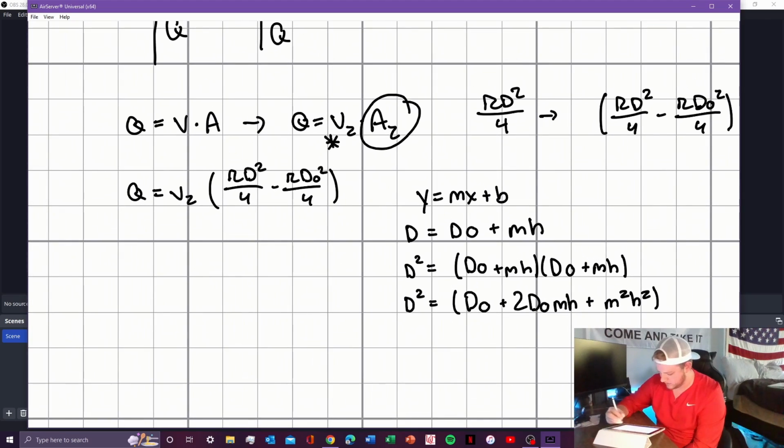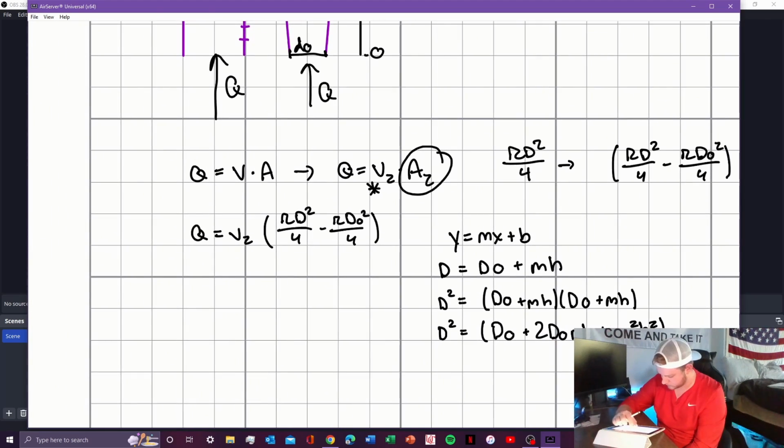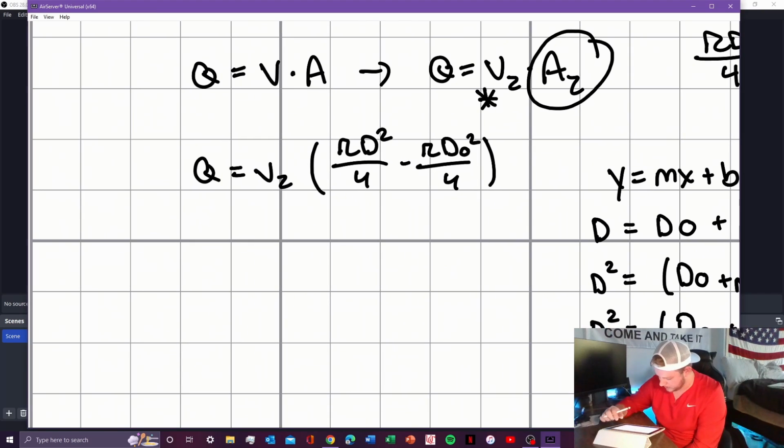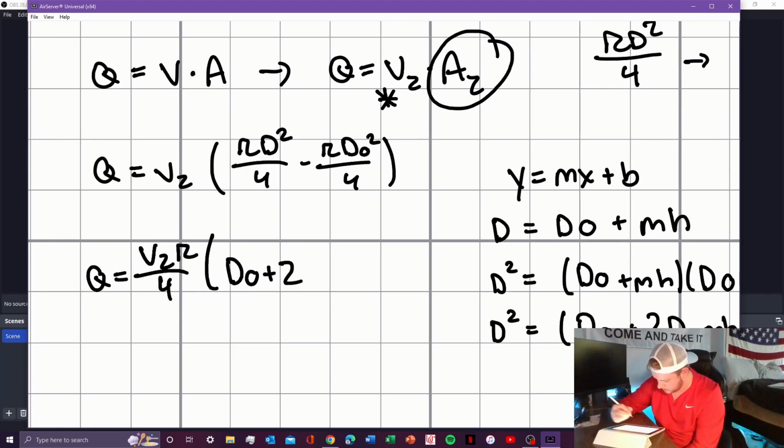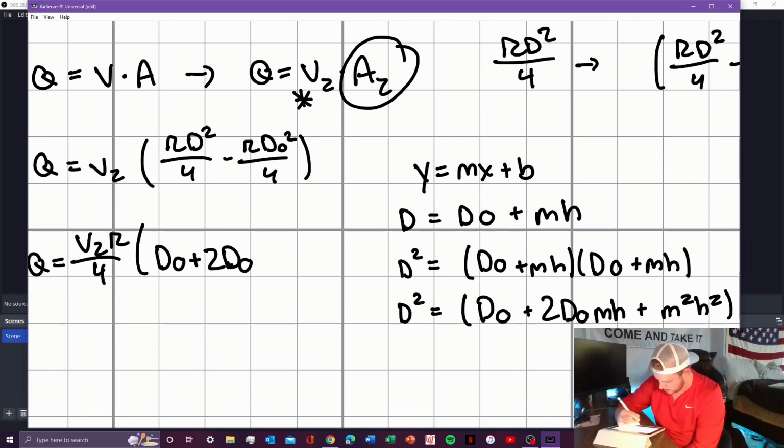So we can plug this in for D, and our D naught, which will give us Q is equal to V2 pi over 4 times D naught squared plus 2 D naught mh.